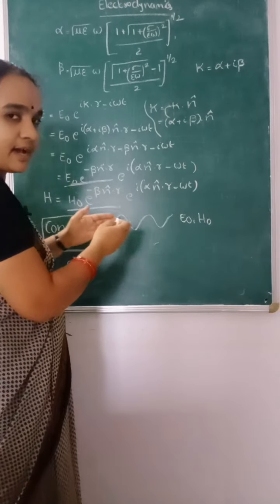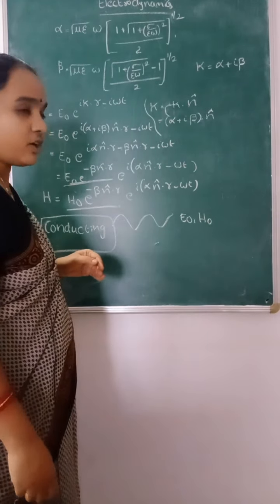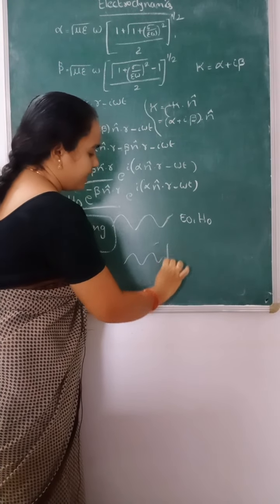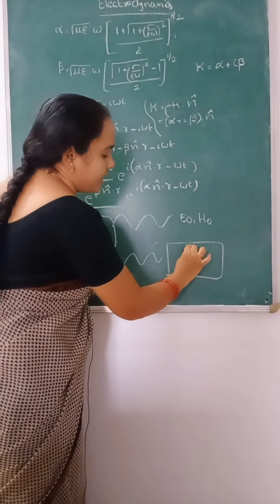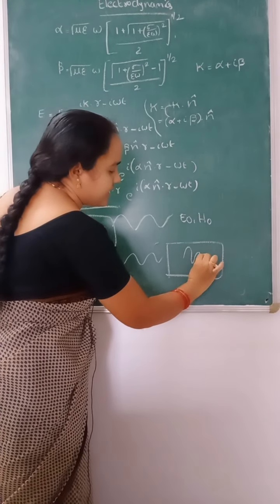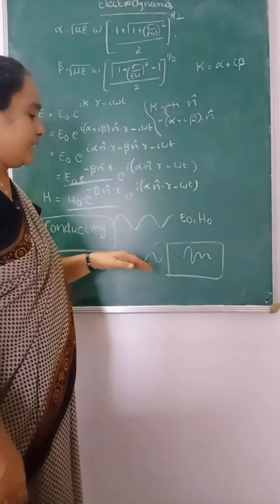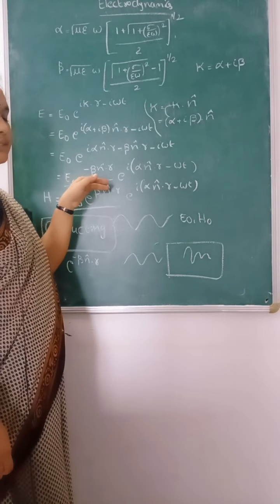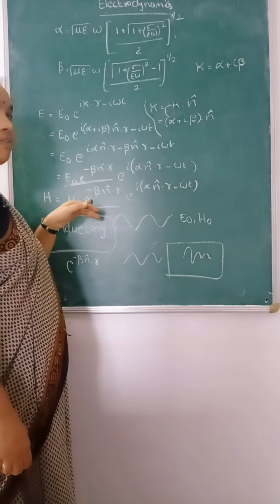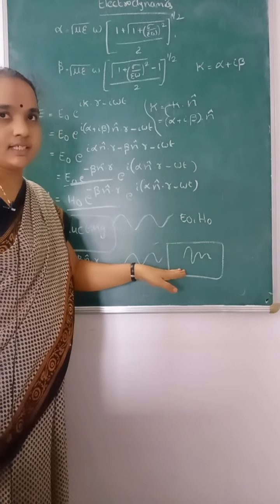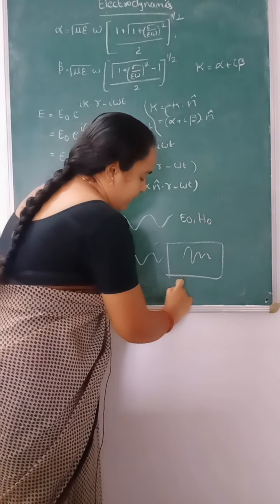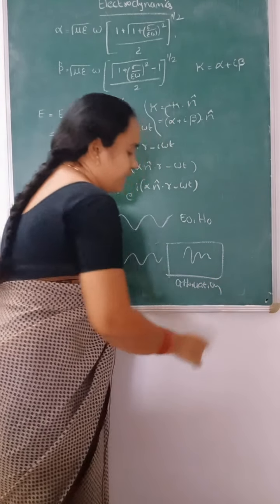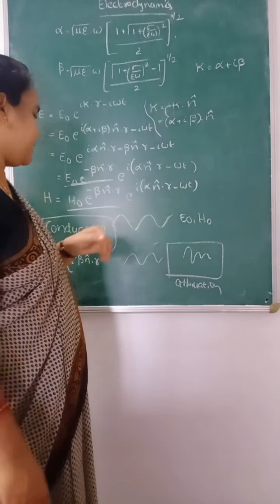This decreasing of amplitude in the conducting media is called attenuation. This decrease of amplitude is represented with E naught e power minus beta n dot r and H naught e power minus beta n dot r. This is called the attenuation of the plane electromagnetic field in conducting media.